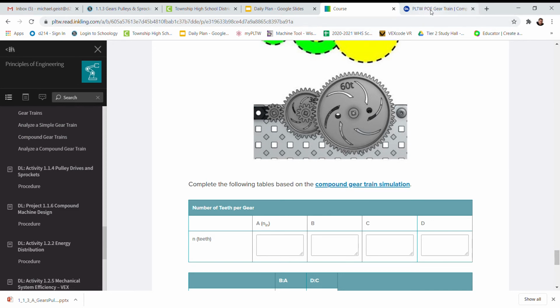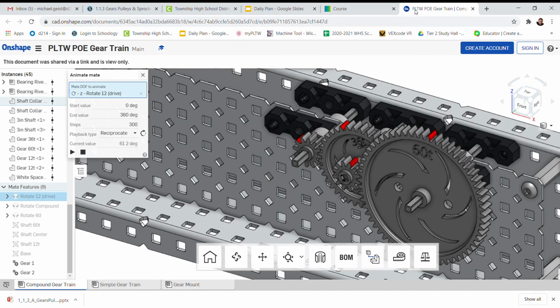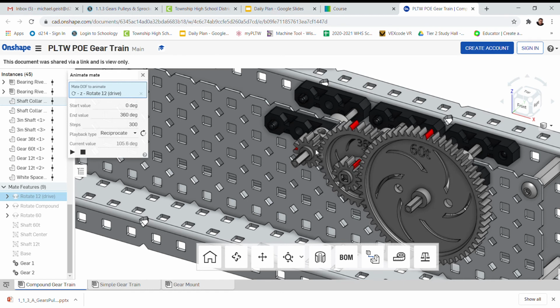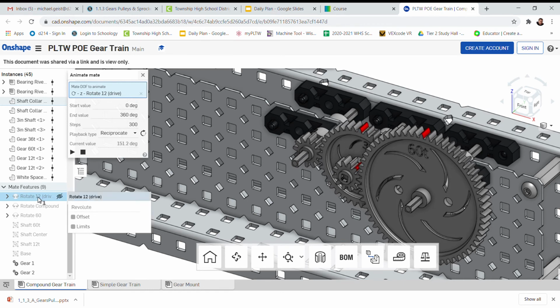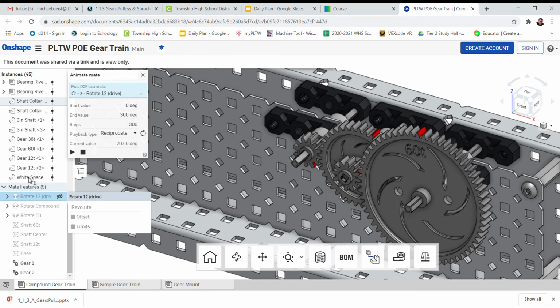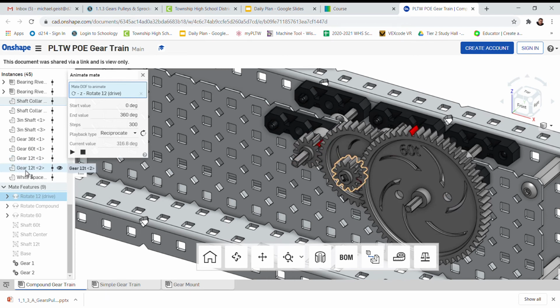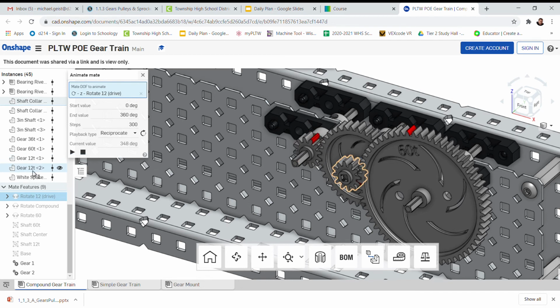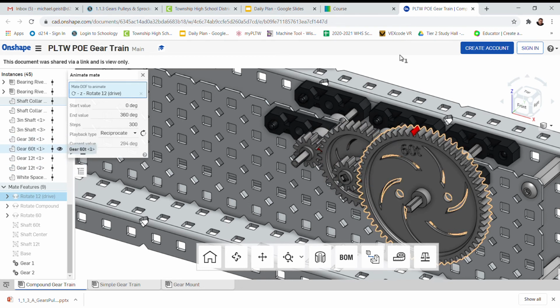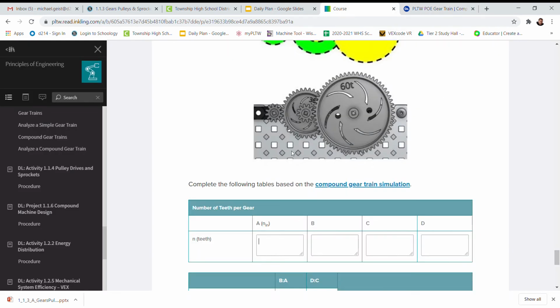I can look at my Onshape if I'm not sure how many teeth are on it. It tells me right here it's a 12-tooth drive gear. You can see here under where these teeth were inserted. So I know I've got a 12, a 12, a 36, and a 60. So I can type those numbers in here. I've got a 12 for A.